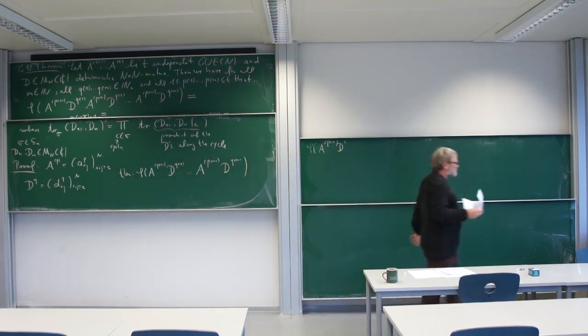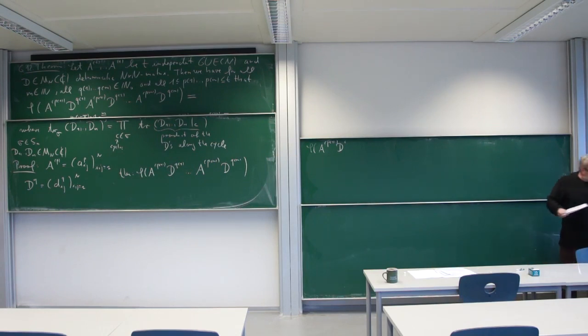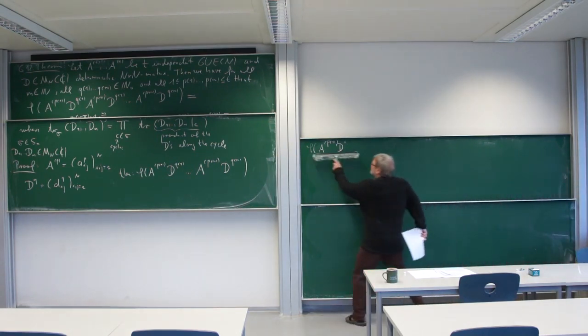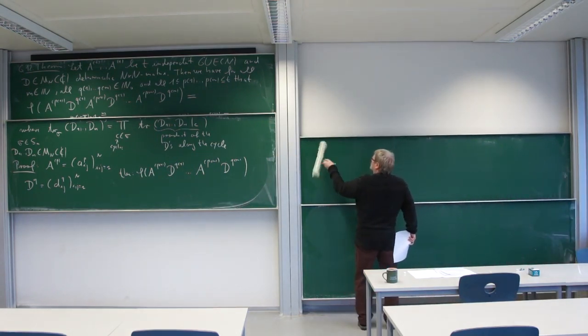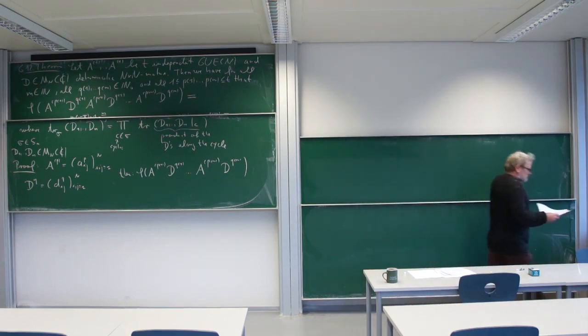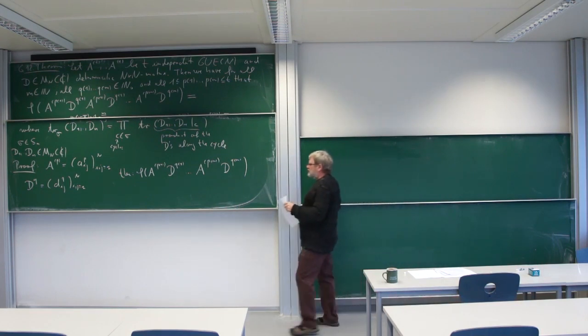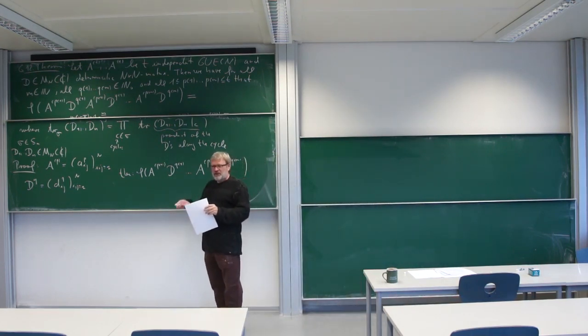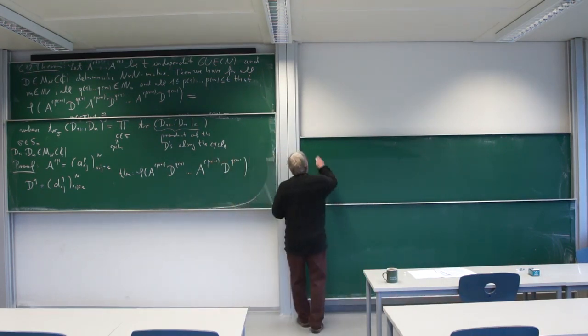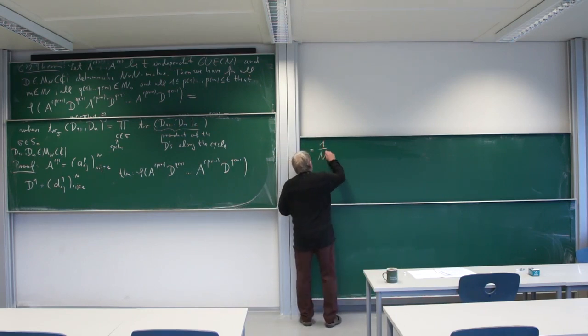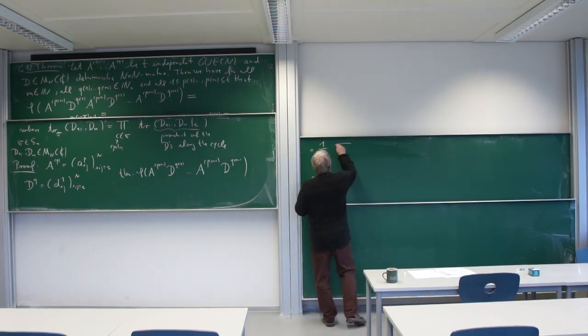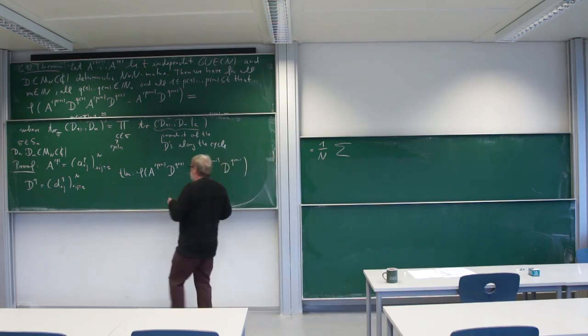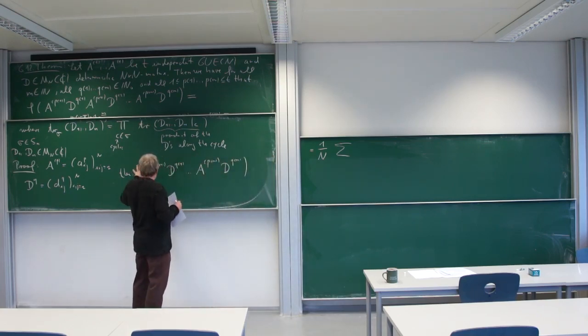Now I'm writing down what this means in terms of the entries. So what is this? The phi is taking the expectation and the trace. The trace is the normalized trace, so we have one over n. And then I have to do matrix multiplication between all these matrices, and I have to take the trace.